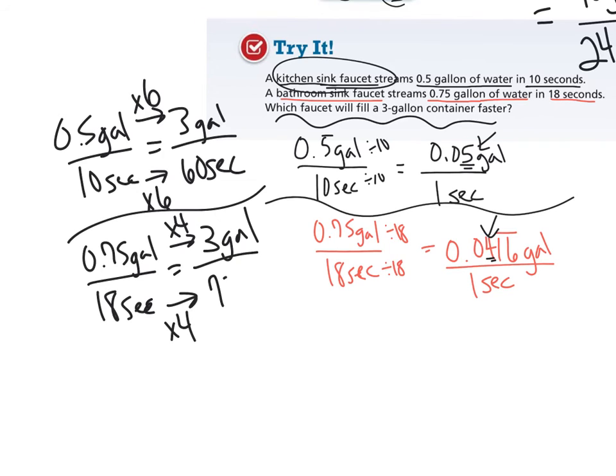And then that would take 72 seconds. So specifically, we could say the kitchen sink faucet would fill it up 12 seconds faster, which by the time we worked this out, I'm sure that 12 seconds would be lost. But anyway, we could figure it out. If we were doing a lot of buckets, then that might be important information to know.